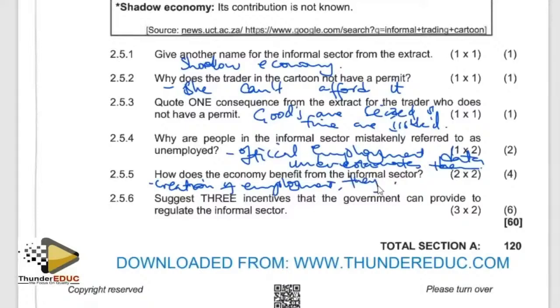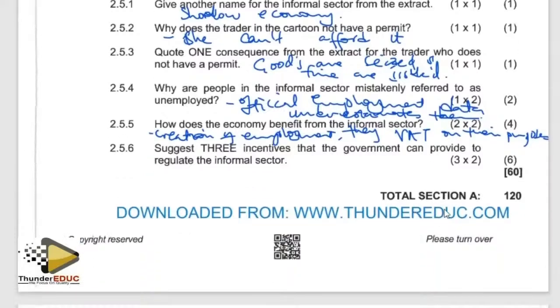They pay VAT on their purchases. On top of that, there is the selling of cheap goods to the people, making goods accessible to the people, etc.